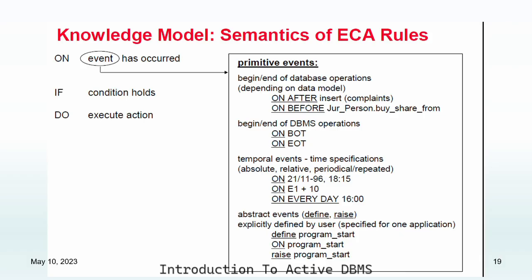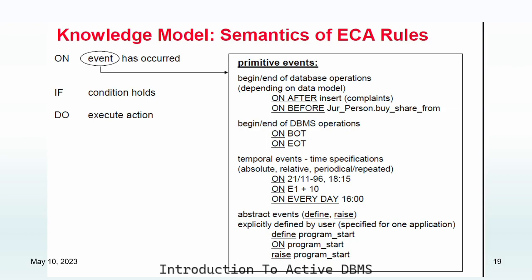So the semantic of an ECA rule based on the knowledge model is defined as: on event has occurred. Now what are the events which are defined? You could see on the right hand side. The events can be on the begin or at the end of a DBMS operation, like on, after, or before, or on the beginning or end of a transaction.